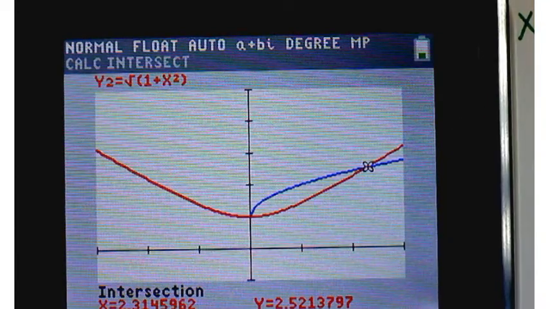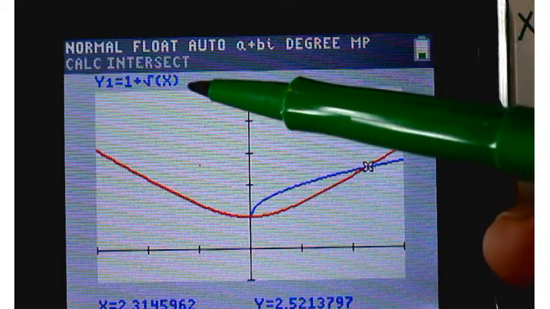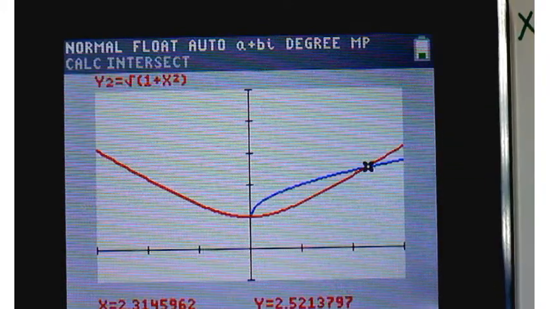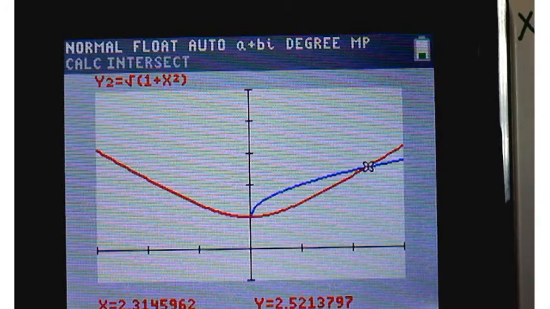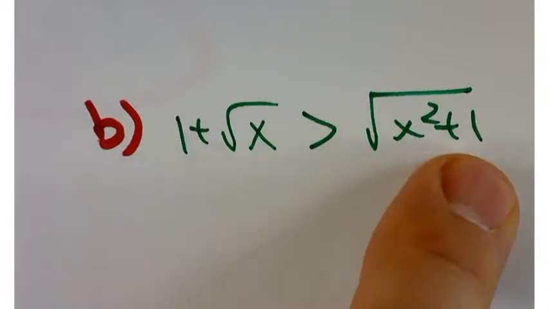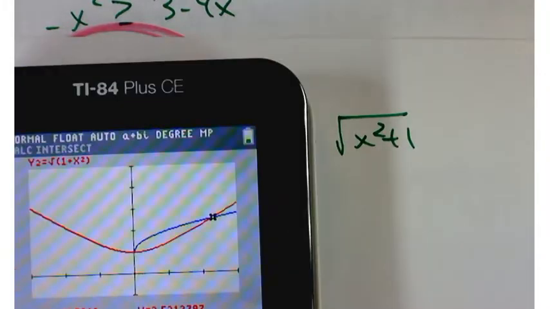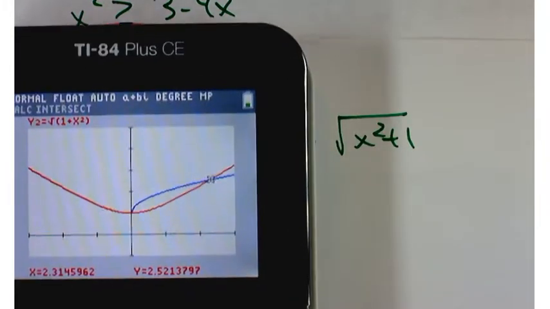If you hit the up arrow key, it's going to jump to the other equation. So we know the blue one is 1 plus the square root of x, and the red one is 1 plus the square root of 1 plus x squared. I want to know where the blue one is bigger than the red one. Where is that true? Where does that start? And where does it kind of end?